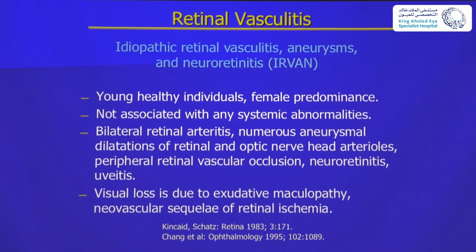IRVAN usually is not associated with systemic abnormalities, and is characterized by bilateral retinal arteritis, aneurysmal dilation of the retinal and optic nerve arterioles, peripheral retinal vascular occlusion, neuroretinitis, and uveitis. The visual loss is due to hard exudates involving the macula and peripheral retinal ischemia.